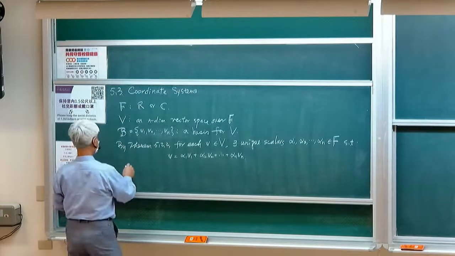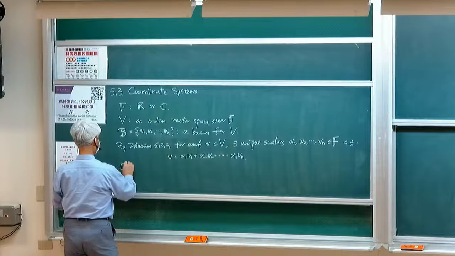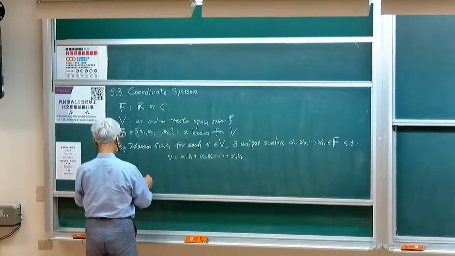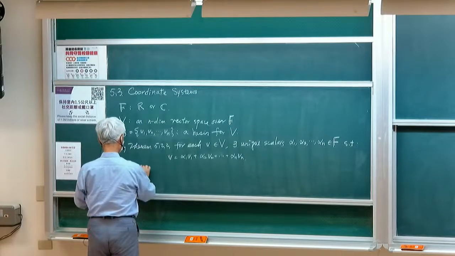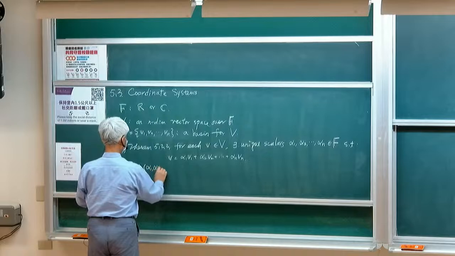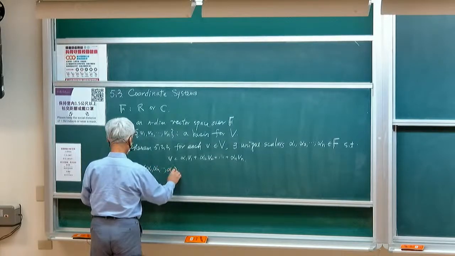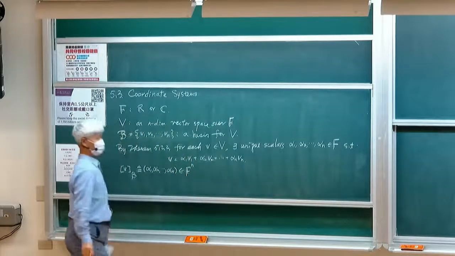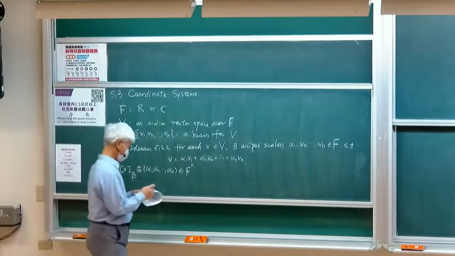So the bracket of V, which is defined to be (alpha 1, alpha 2, up to alpha n), is in the n-dimensional Euclidean space.